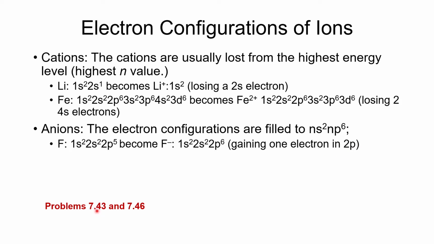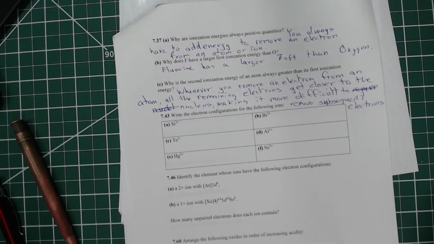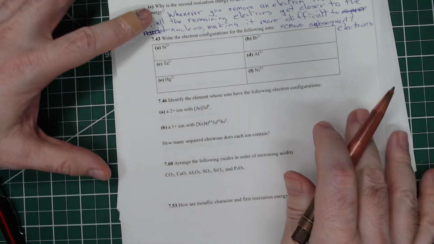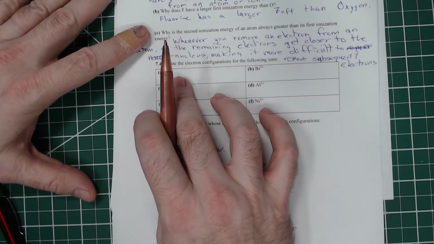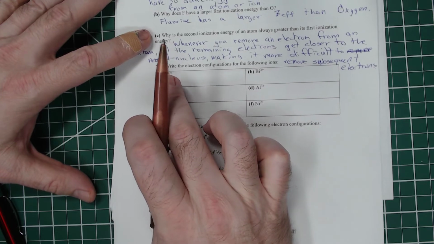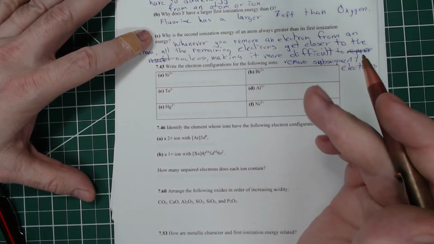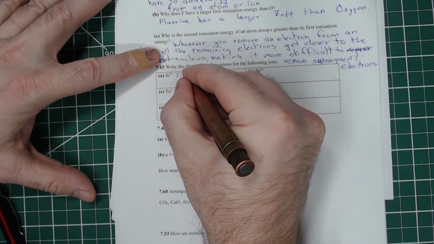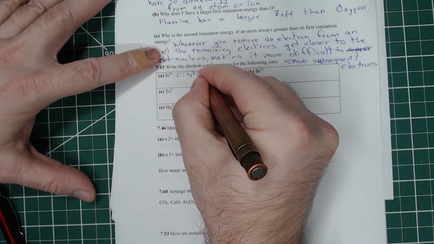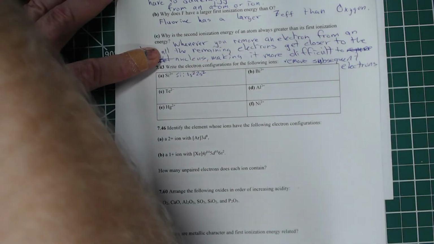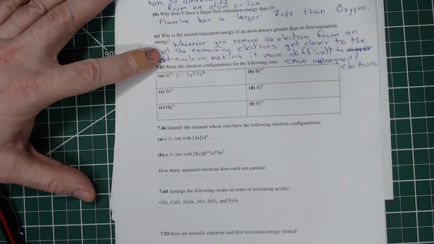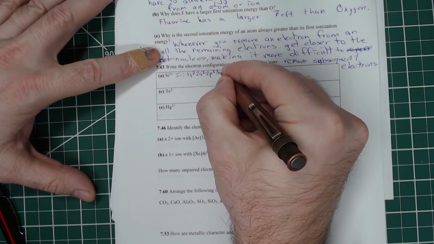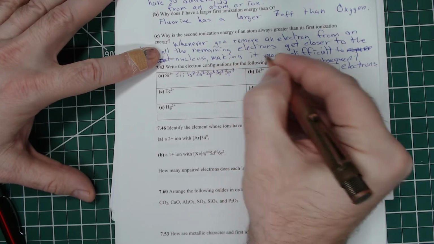So let's look at 7.43 and 7.46. Here is 7.43. On this one, it is beneficial to write down the electron configuration of the neutral atom and then look at what we would take away. For silicon, there are 14 electrons, so 1s2, 2s2, 2p6, 3s2, 3p2.